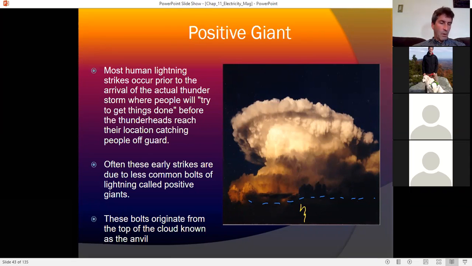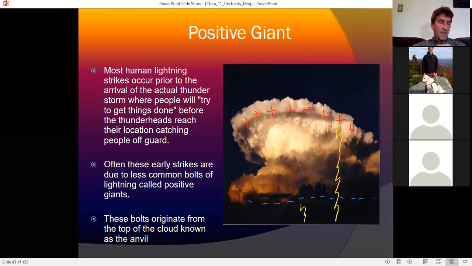The most dangerous form is when it's coming from up here in the anvil. And the bad thing about this is not only are we talking about a much larger voltage to go from the top of the cloud all the way to the bottom, we're talking about millions of volts.